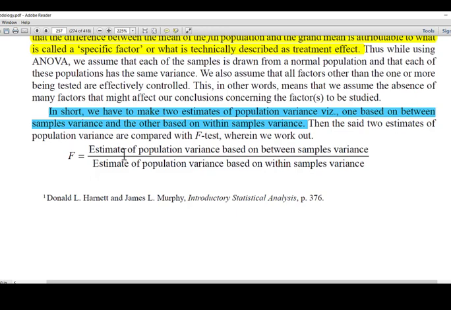In short, we have to make two estimates of population variance, one based on between samples variance and the other based on within samples variance. Then the said two estimates of population variance are compared with the F test, wherein we work out F equal to the estimate of population variance based on between samples variance divided by the estimate of population variance based on within samples variance.